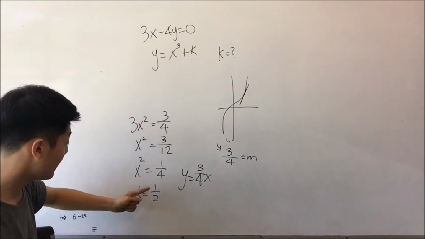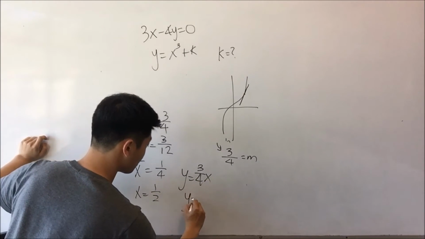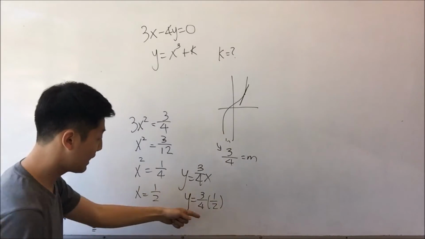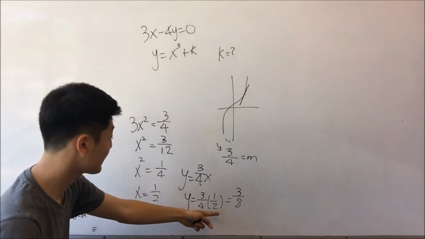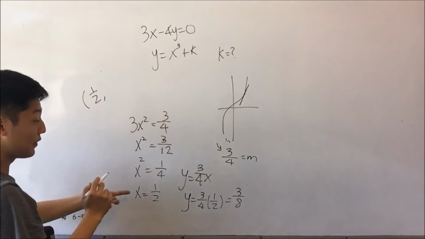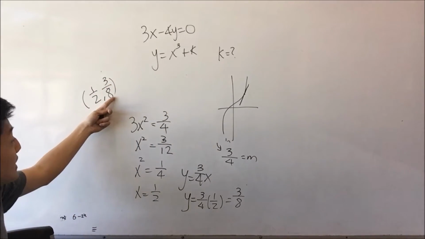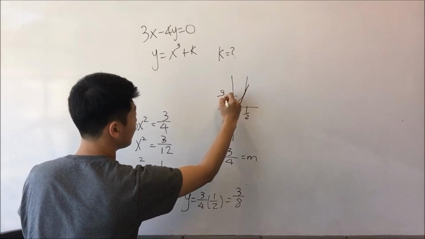By putting in 1/2 using the point of tangency, it will become y equal to 3/4 times 1/2, which will equal 3/8. So 3/8 is the value. When the x coordinate is 1/2, the y coordinate is 3/8.